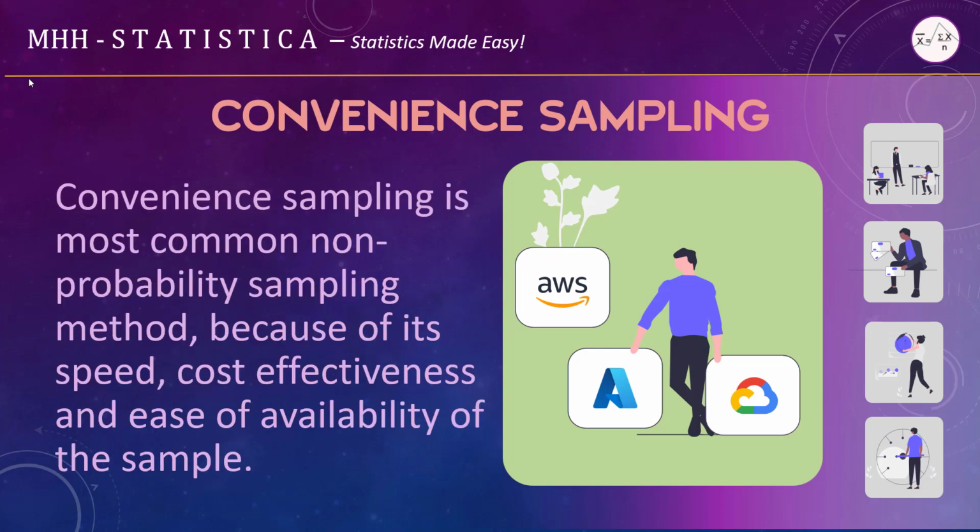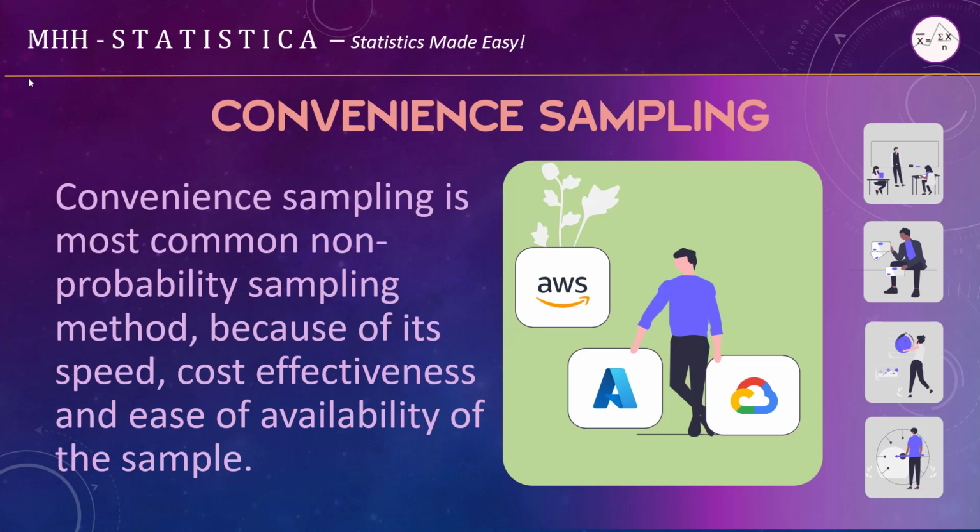Convenience sampling is the most common non-probability sampling method because of its speed, cost effectiveness, and ease of availability of the sample. In addition, convenience sampling is easy to recruit, and in some research where the population is too large to examine the entire population, convenience sampling is best used.